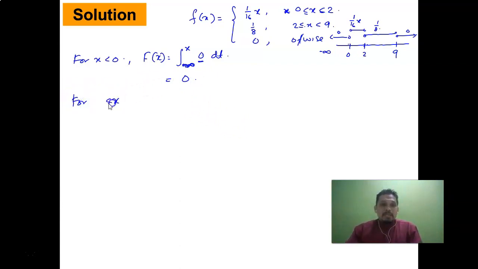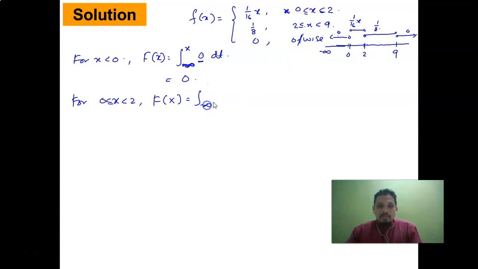For x lying between 0 until 2, the cumulative function F(x) is the function in the domain from negative infinity until 0 plus the function from 0 until 2, accumulating, adding up these two results.